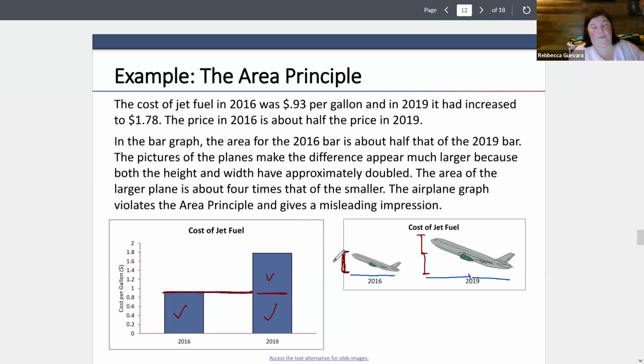As you know, with anything with area, when I double 2 sides, I'm basically making that image 4 times bigger when I'm only supposed to show it being twice as big. So this is 4 times larger when it's only supposed to be 2 times larger. This is the problem that we have when we try to do pictographs: we're not careful with the images.